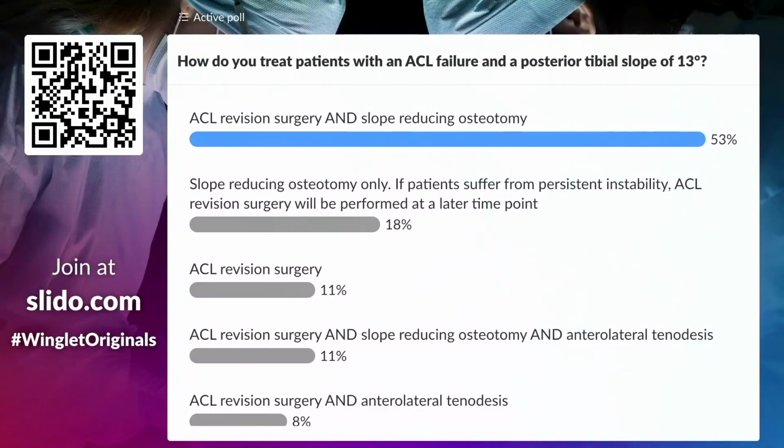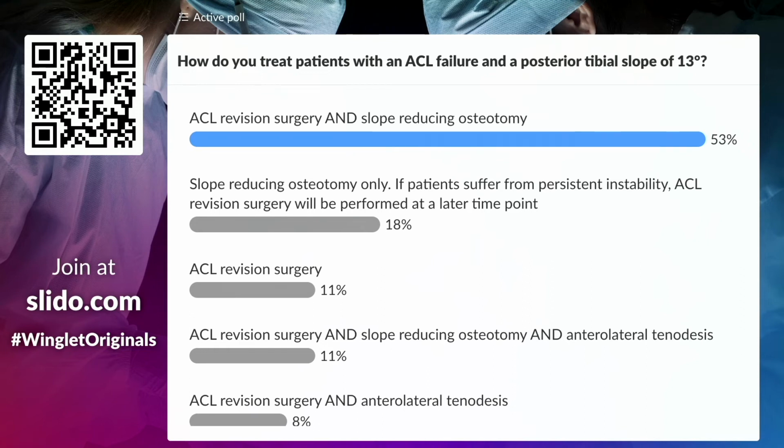Clear votum for going for slope reduction osteotomy in cases of ACL deficiency and increased tibial slope. I'm wondering how our audience voted in our question we had, and we were asking in a patient with an increased slope of 13 degrees, and the majority goes for an ACL revision surgery and slope reduction osteotomy.